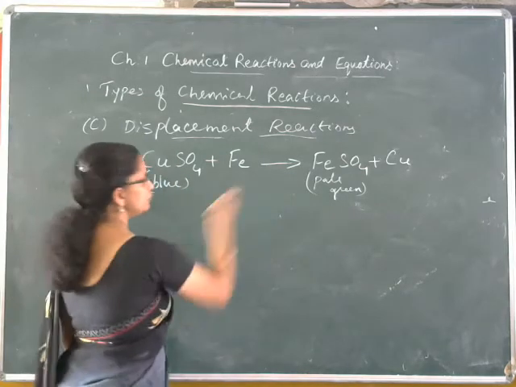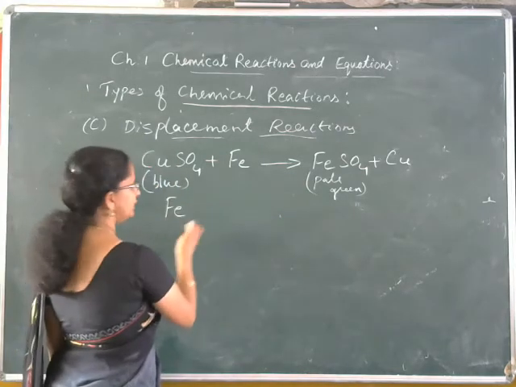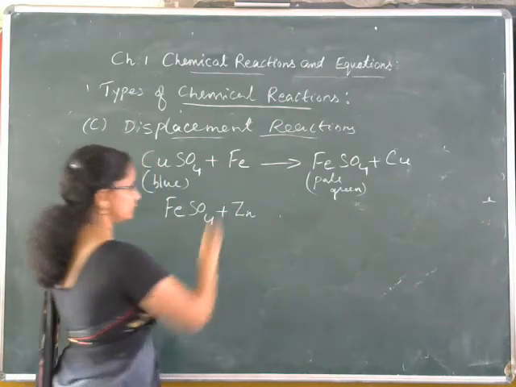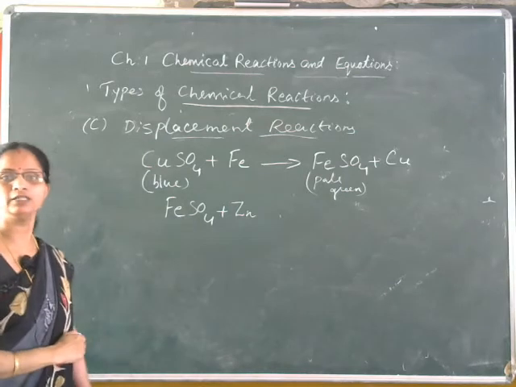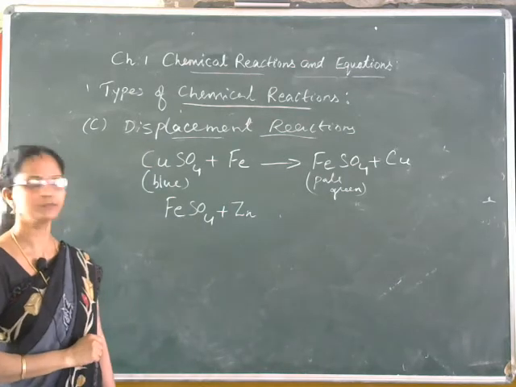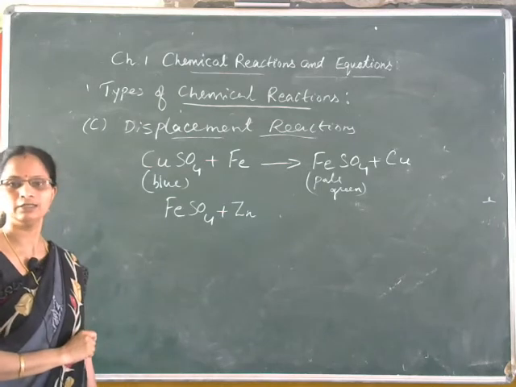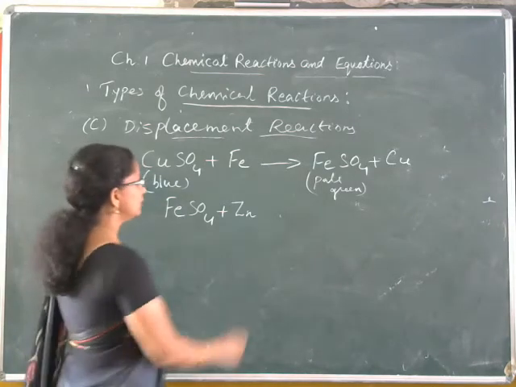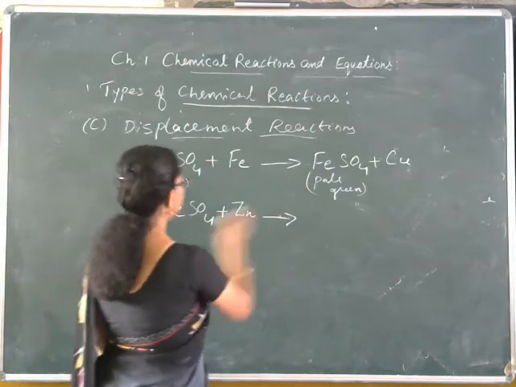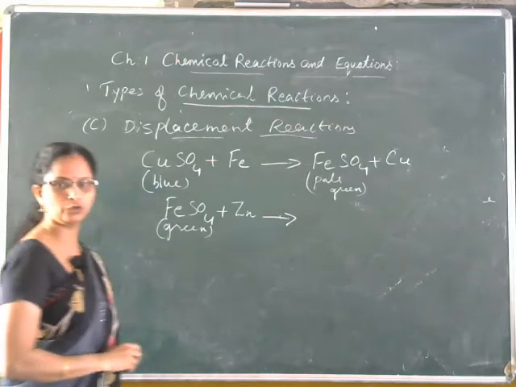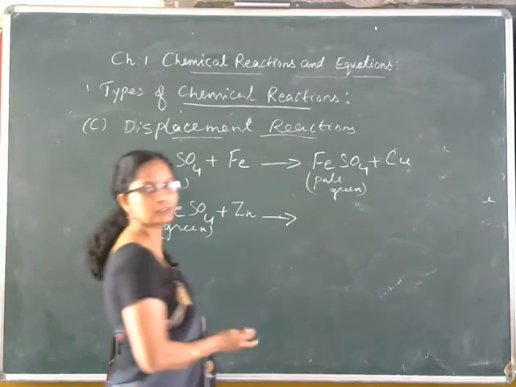Now if into this FeSO4, which is pale green in color, you add zinc granules, again we can see the reaction taking place. We can see some observations, as we discussed earlier, which help us to identify that a chemical reaction has taken place. The observation here is that the green colored FeSO4 solution now becomes a colorless solution.